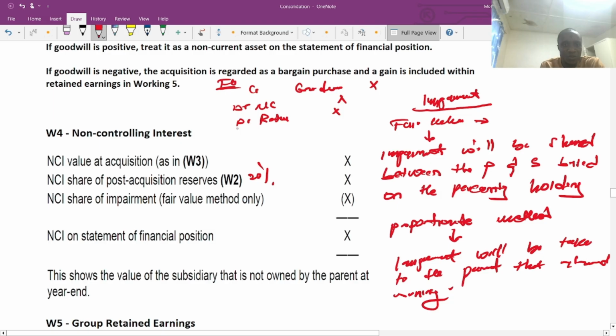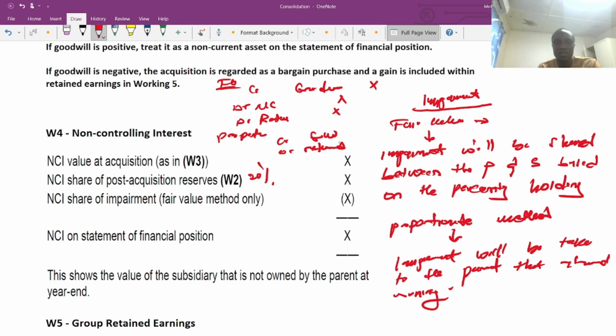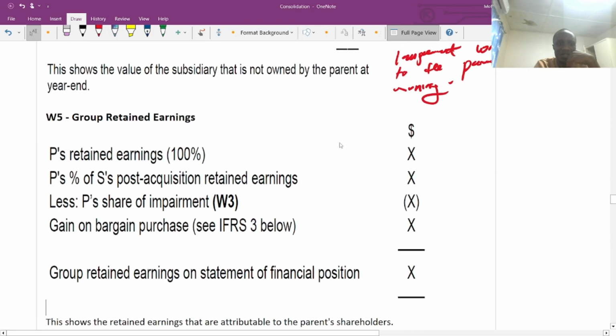But if we are going to use the proportionate method, then it means we are going to credit the goodwill, whilst we are going to debit the retained earning. We are not going to take anything to the NCI. So very important point you need to know, and it is very technical for the exam.